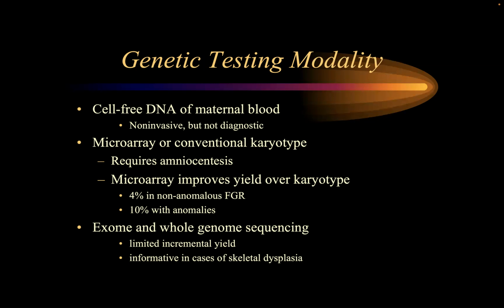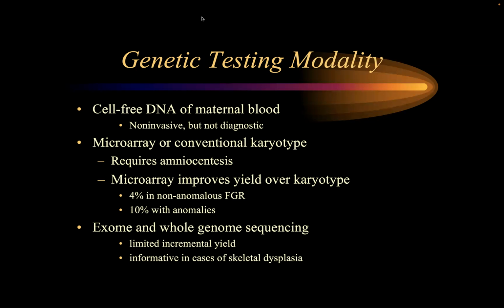There, clearly, microarray can improve your diagnostic yield over a simple karyotype. So for example, this was found to be true in 4% of non-anomalous fetuses with growth restriction, but up to 10% in fetuses who were growth restricted who also had anomalies.